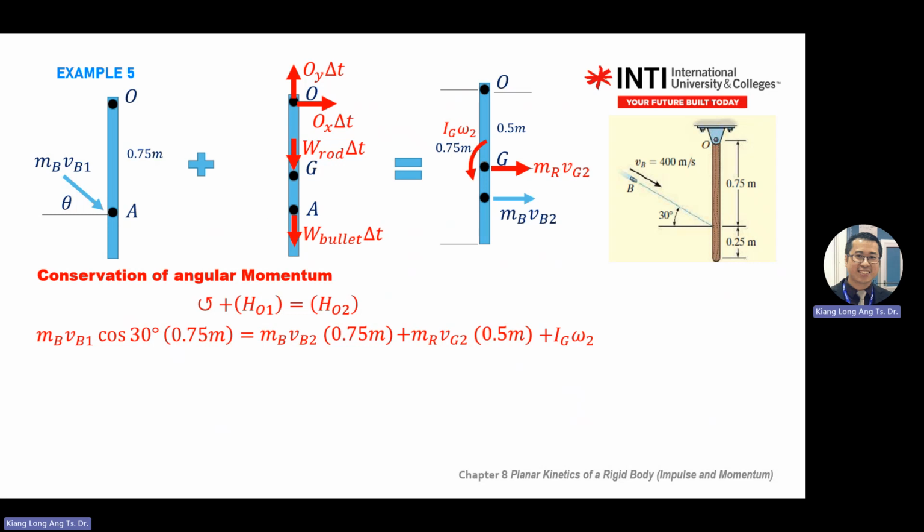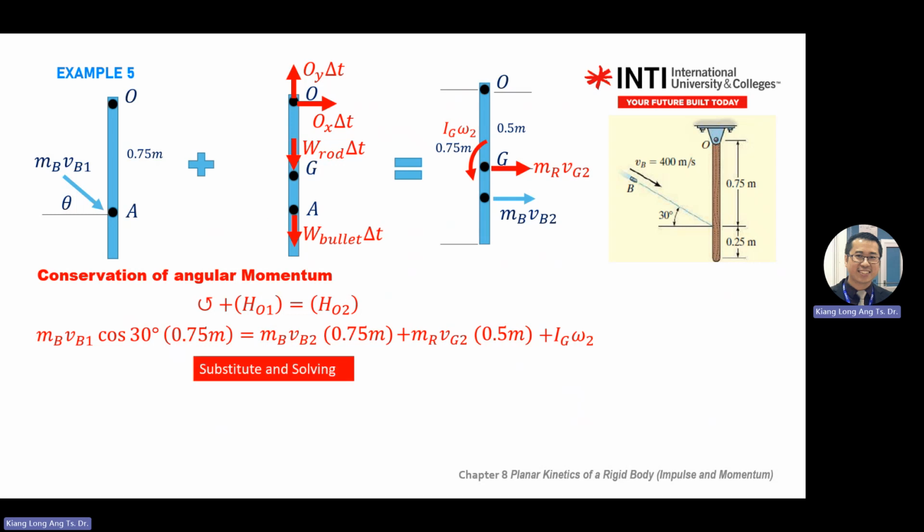Okay, so mv of the bullet multiplied by the distance, you get angular momentum. This is momentum multiplied by perpendicular distance 0.75. Then the rod, mv multiplied by 0.5, because this one is at the center of mass, at the half of the rod, plus the Ig omega 2.